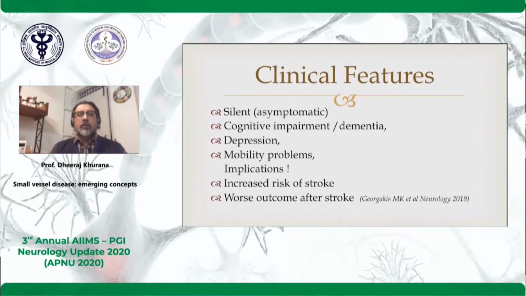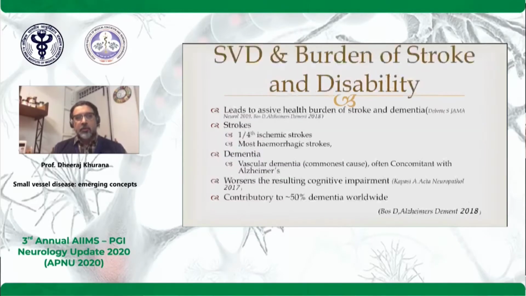And not only that, once a stroke happens, small vessel disease increases the burden of the stroke and is associated with worse outcomes. Now, in general, the importance of SVD would be obvious if we understand the burden of disability and stroke which small vessel disease causes. Very importantly, there is a massive increase in the health burden of stroke and dementia associated with it.